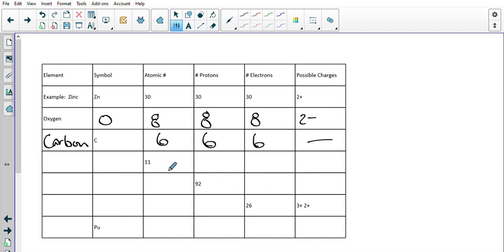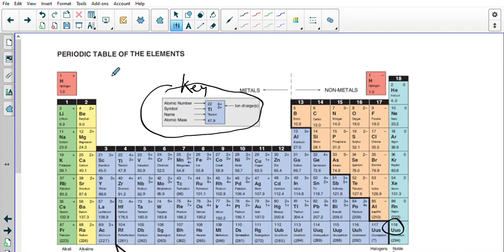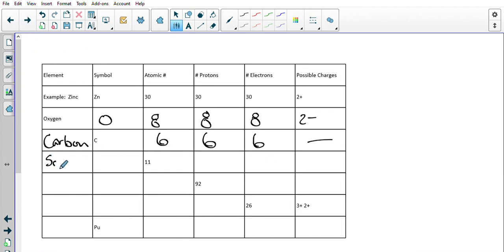Then we come to element number 11. Well, how do we know where element number 11 is? Well, we count 1, 2, 3, 4, 5. Okay, here's element number 11. Na, sodium, 23, 11 plus. That plus means plus 1. That's a good point. All right, so we have sodium. Symbol is Na, atomic number of 11, 11 protons, 11 electrons, and can take on a plus charge.